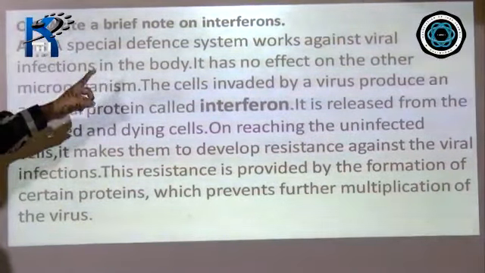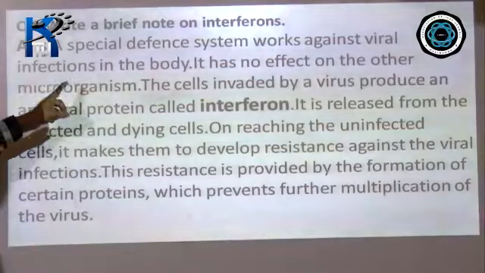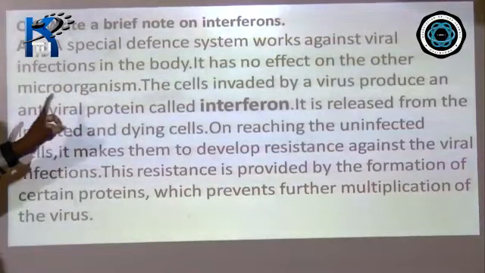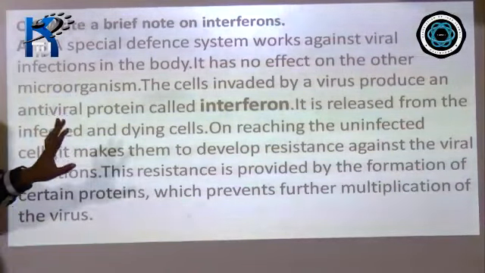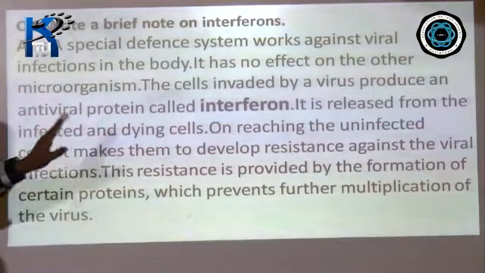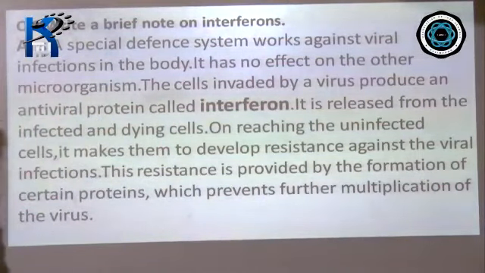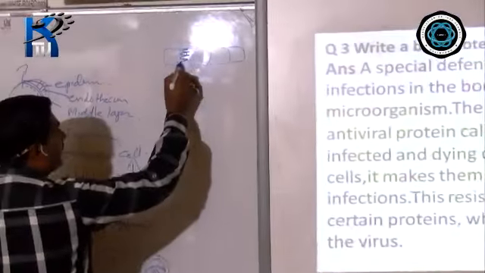A special defense system works against viral infection in the body. It has no effect on other microorganisms. The cells invaded by a virus produce an antiviral protein called interferon. Suppose, for example, any cell in our body is infected.